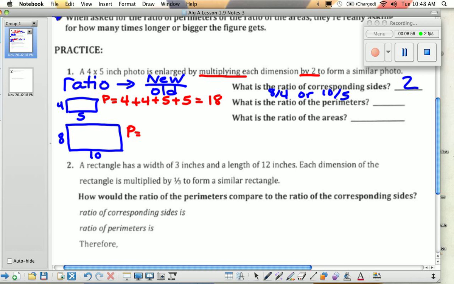Perimeter equals 8 plus 8. There's 2 sides that are 8. And 10 plus 10. And that equals 36. Okay. So then we'll go over here and say, okay, the ratio of perimeters, new perimeter is 36 over old perimeter is 18. What's 36 divided by 18? 2.